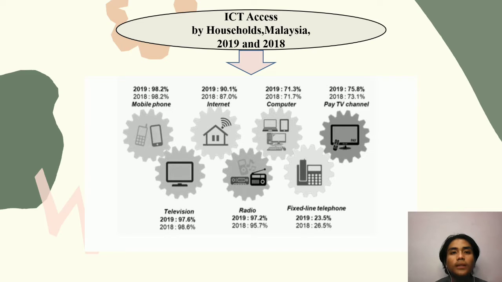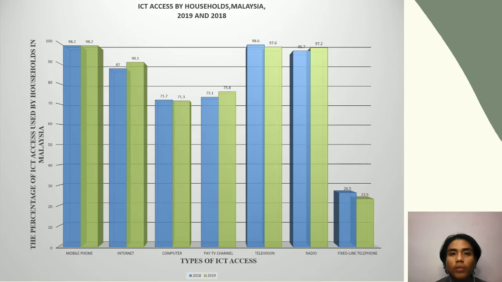To present the data, we are using bar charts to compare the percentage of ICT access used by households in Malaysia from 2018 to 2019. A bar chart uses either horizontal or vertical bars to show comparison among two or more categories.